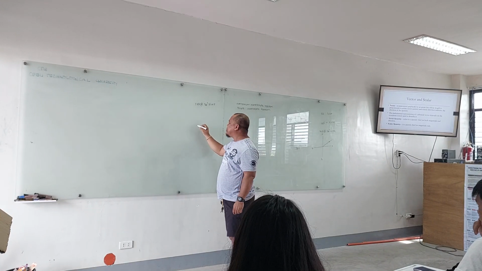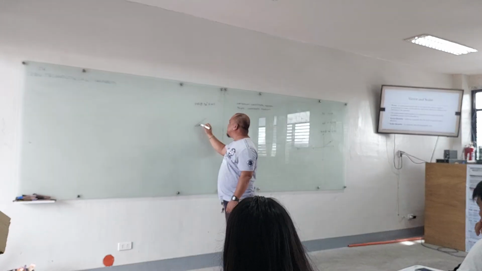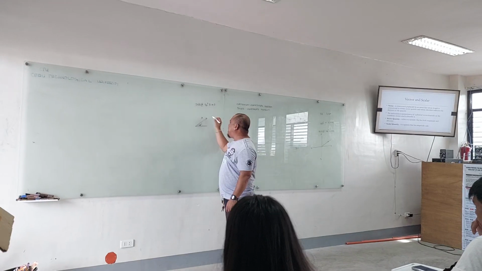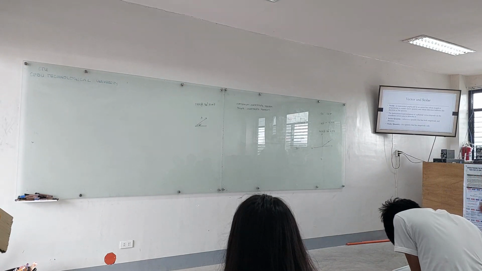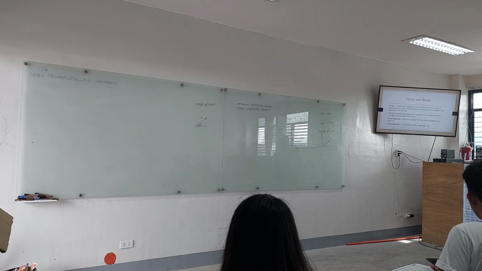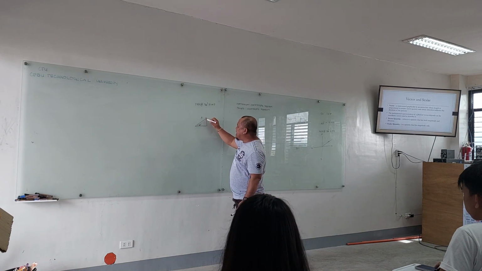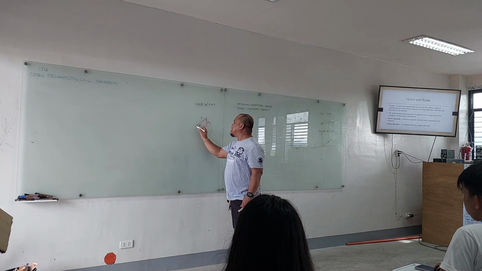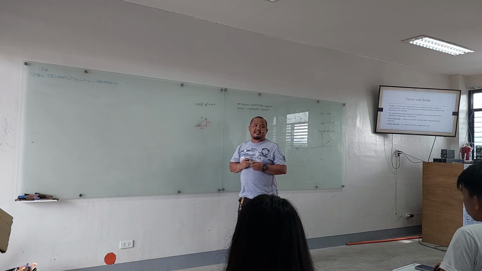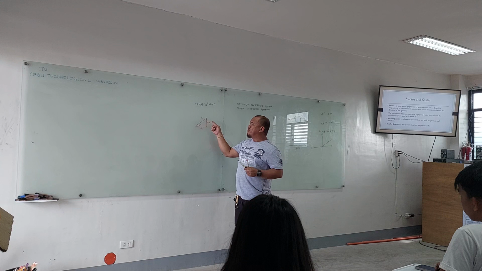That is vector A. Now, vector A can be represented by its components: the Y component, which we call A_y, and the X component, which we call A_x.